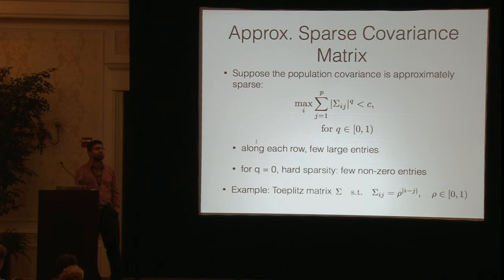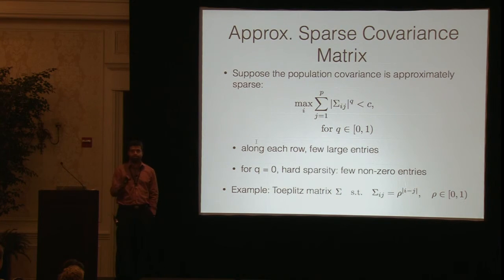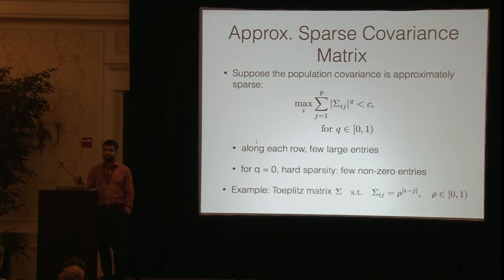So let's look at what some of these conditions might be. Imagine that the population covariance matrix is approximately sparse. Not exactly so, but approximately so. What does that mean? Each row of the population covariance matrix has an L_q quasi-norm bounded by some constant, where q ranges from 0 to 1.